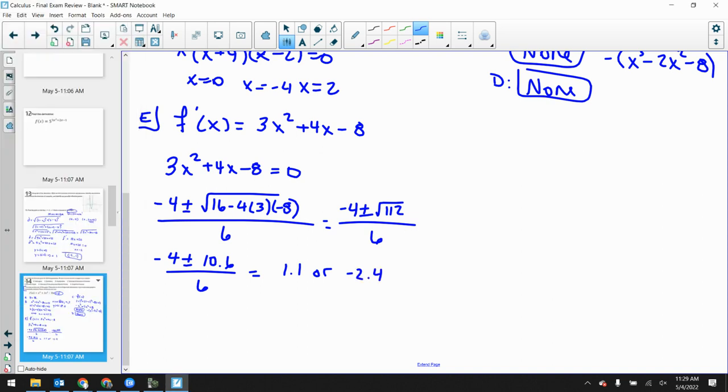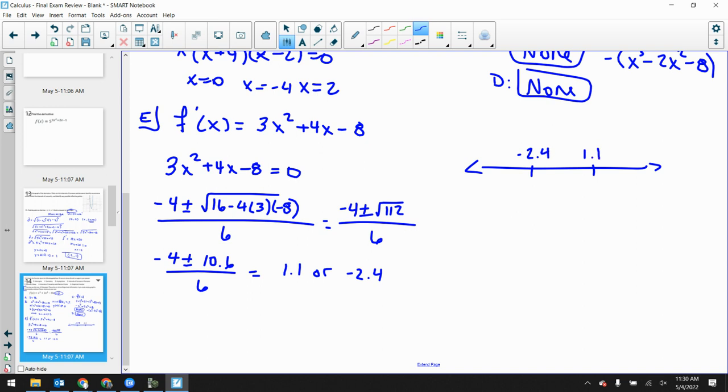So those are my two extreme values. To find where they are maximum or minimum values, I need to do the increase-decrease test. Got to put them in order: negative 2.4 and then 1.1.